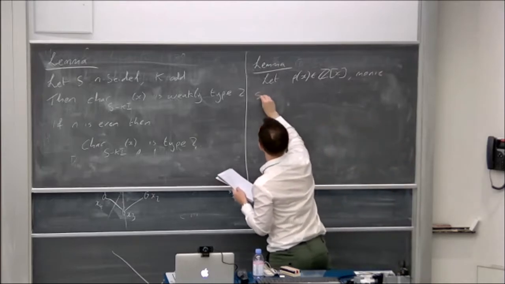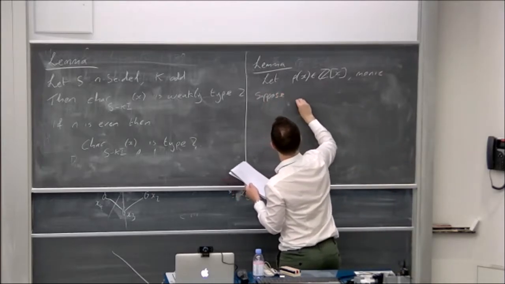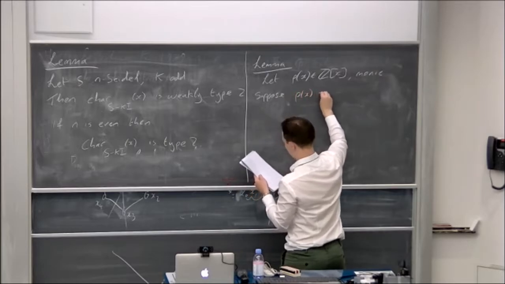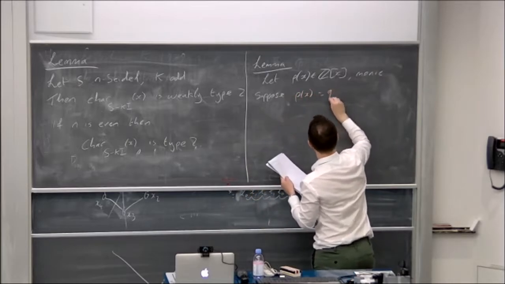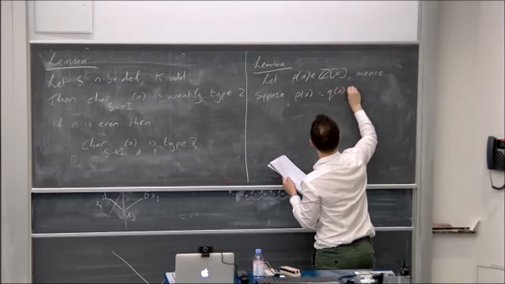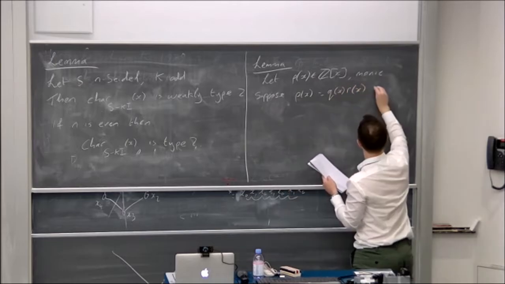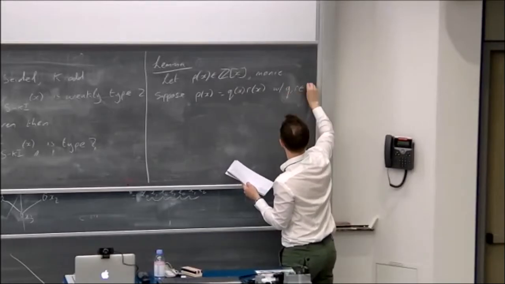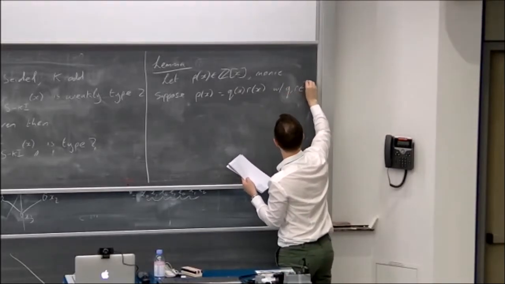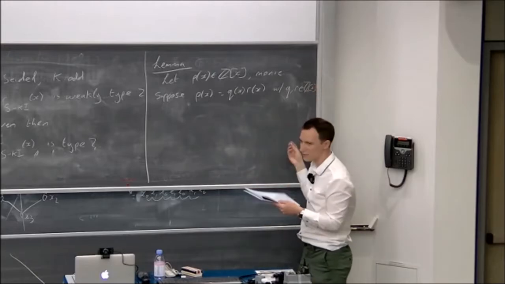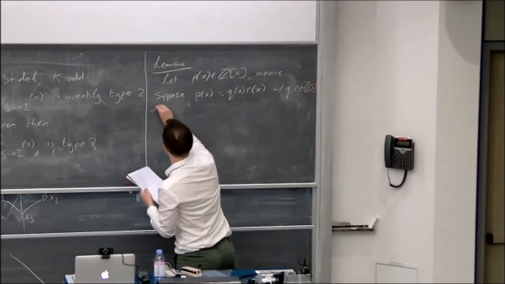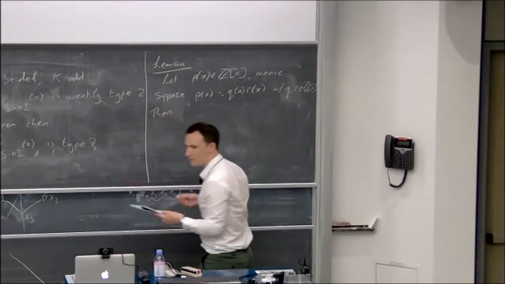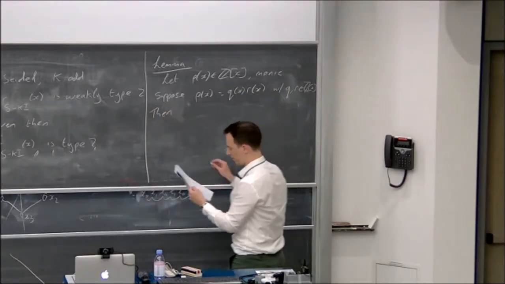And suppose that P of x equals Q of x times R of x. Sorry, Q and R are both integer polynomials. Obviously, they'll be monic.